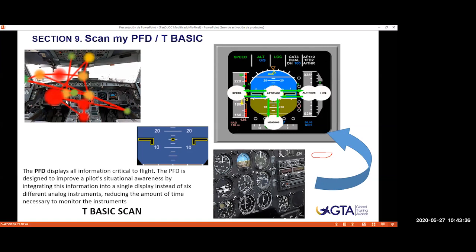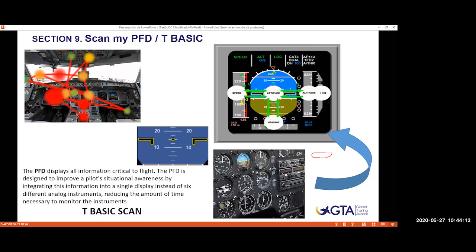Before we had to scan all over the panel, looking at what is happening. Now we have to be focused only on this one. And during the course, Global Training Aviation is going to teach you the basic scanning. One of the important things here is that we can scan more easily than before, but we have to know how to do it.